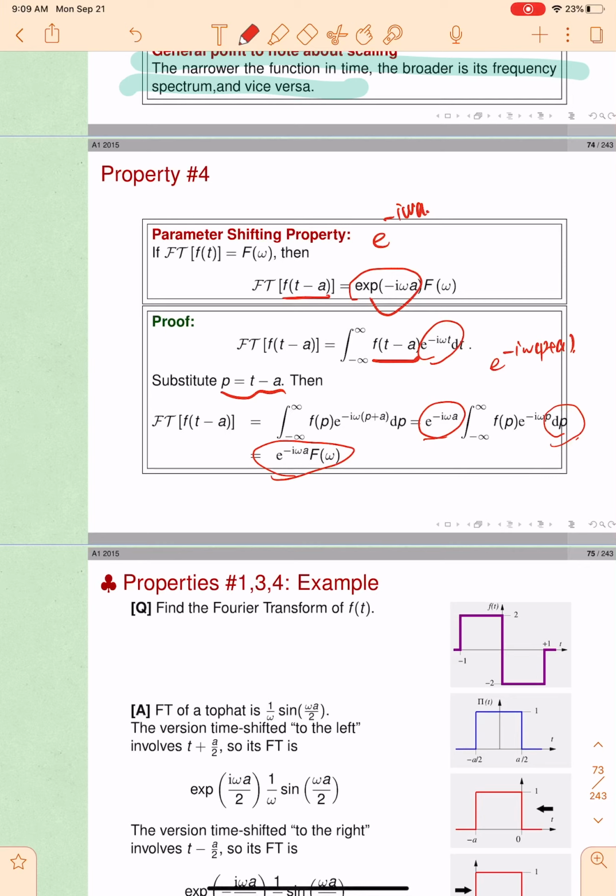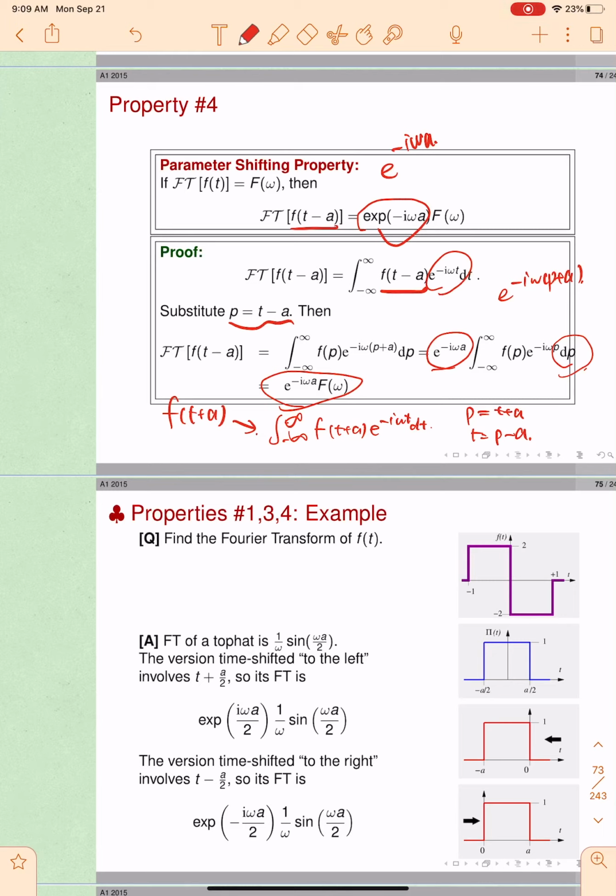What if f(t plus a)? It will do the same. So first you will have the integral of f(t plus a) e to the minus i omega t dt. Replace t: p equals t plus a. So t will become p minus a.